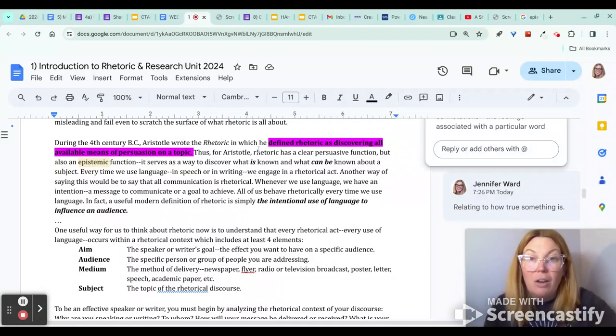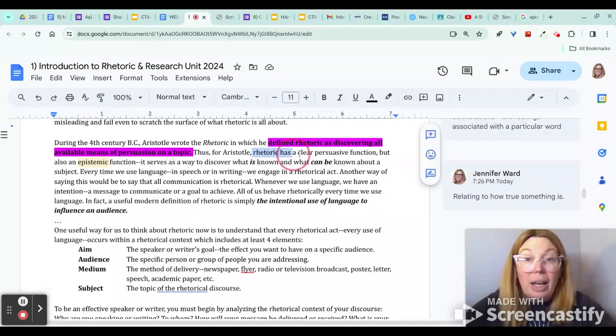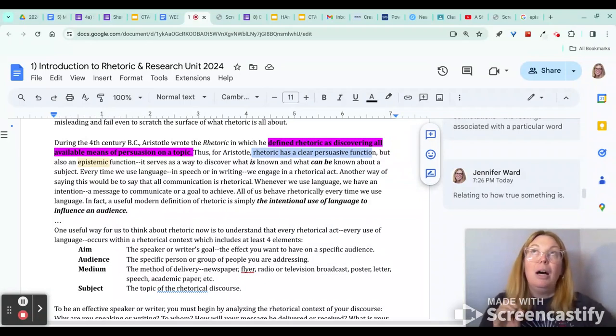"So thus, for Aristotle, rhetoric has a clear persuasive function, but also an epistemic function." That's a big mouthful. So epistemic comes from the Greek root epistemology, which is the study of how true something is or how valid it is.